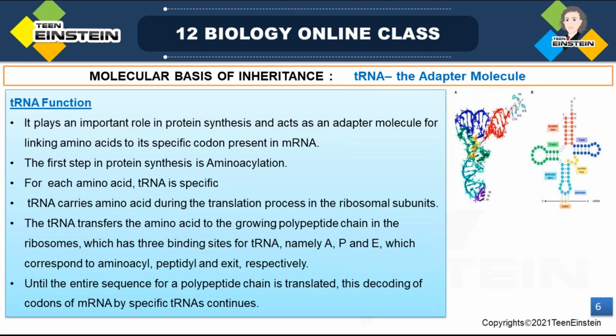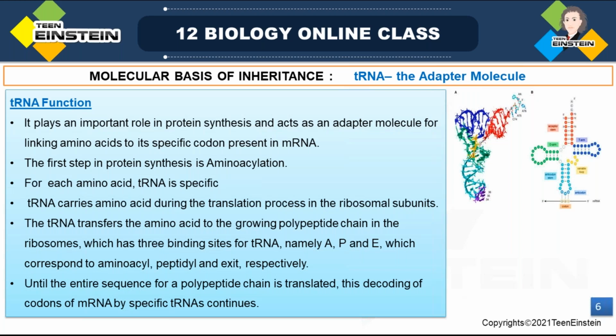When the whole sequence of that polypeptide chain is finished, the decoding of the codons of mRNA will stop. So with the help of this tRNA, the decoding takes place, and it will continue until translation is complete.